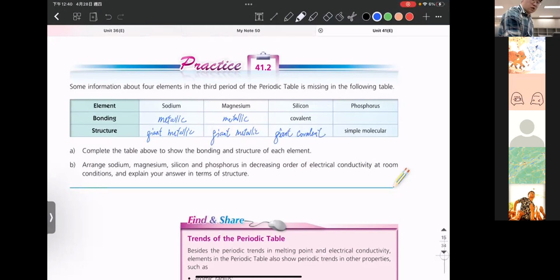How about phosphorus? What are the bondings involved? So it is still covalent bonding between atoms. But if you want to talk about between molecules, this is van der Waals force. So P would exist in a molecule, P4. Do you still remember? P4.